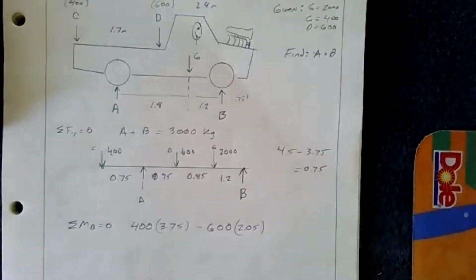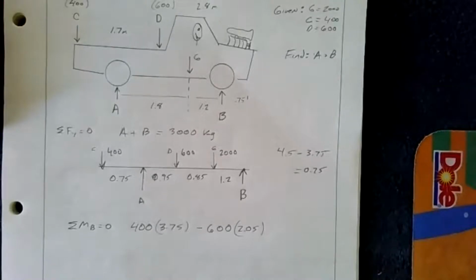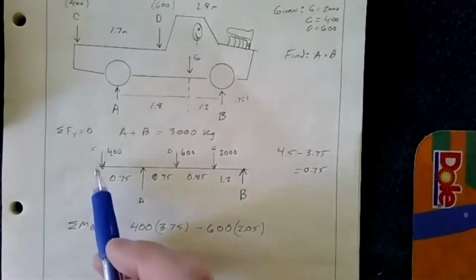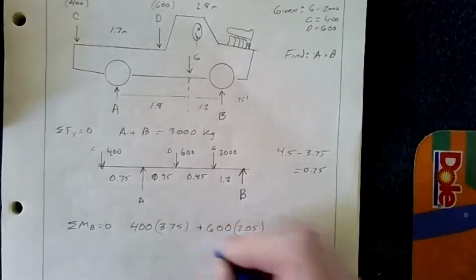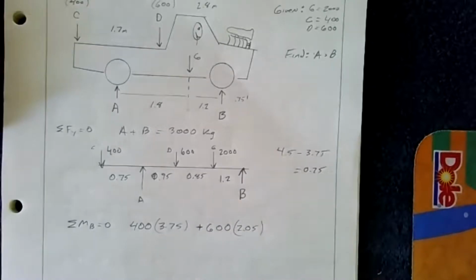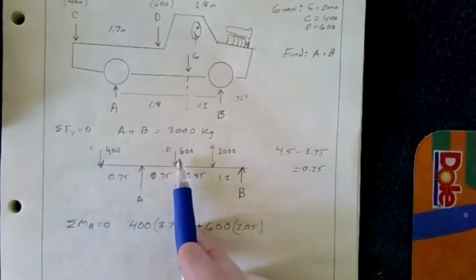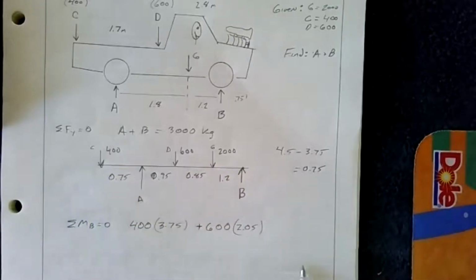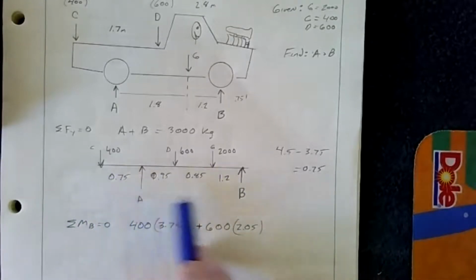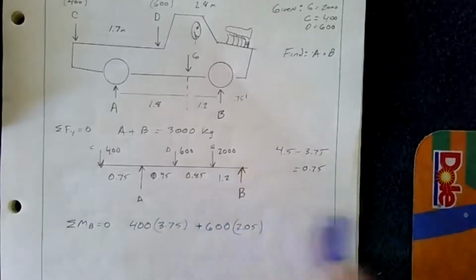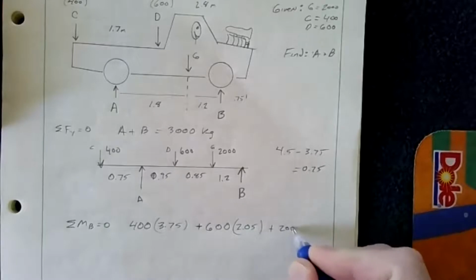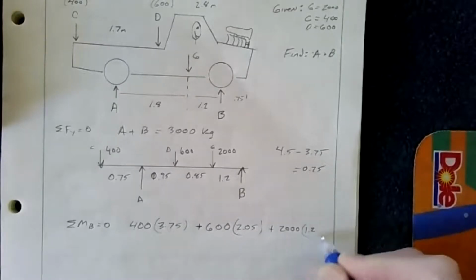Not minus, I'm sorry, that's plus. I was misreading my notes. The 400 and the 600, I'm multiplying by the total distance from each to B, and then 2,000 times that distance, all plus, because all of these create a counterclockwise moment.